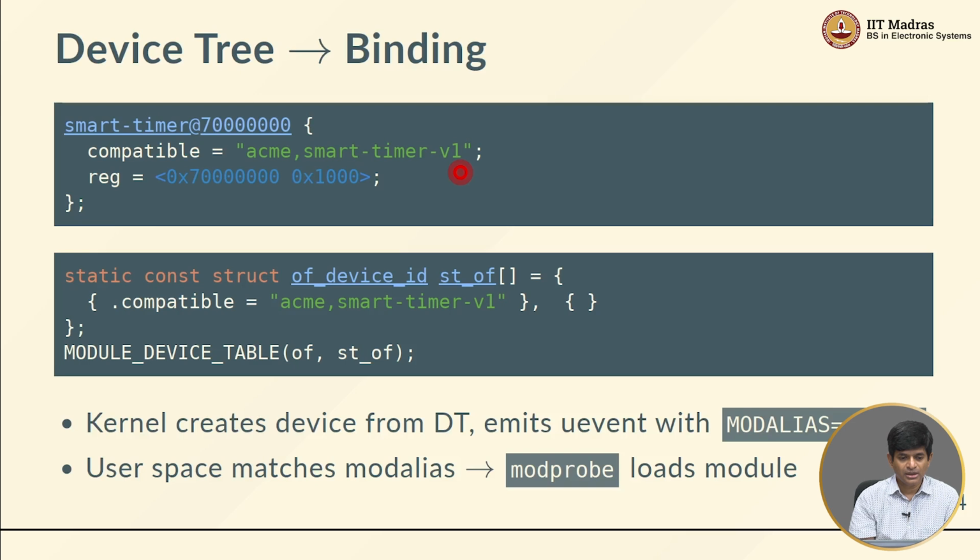Right. Now, the most important information in some sense is this register information, right? So, for example, I could have the information saying what is the base address and what is the size, the window size corresponding to a particular peripheral.